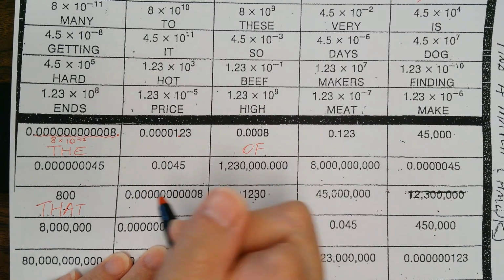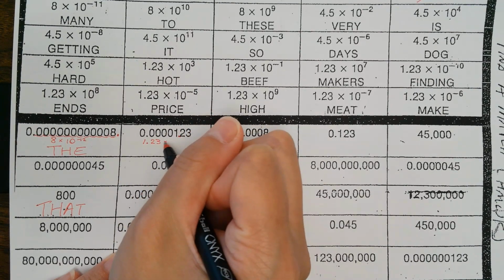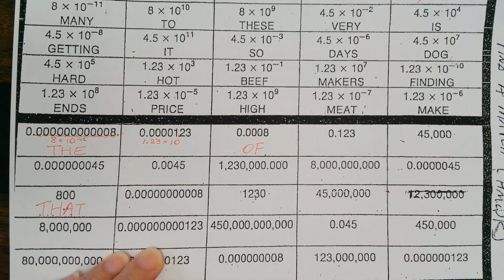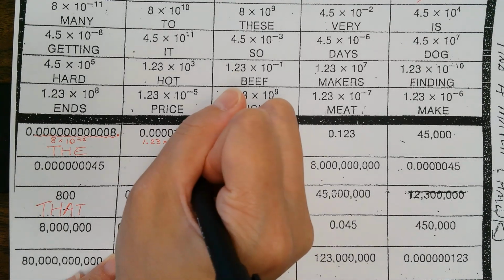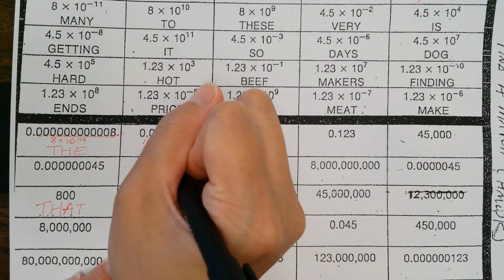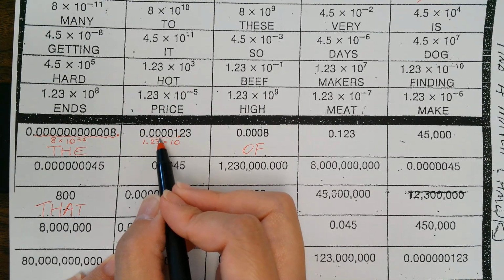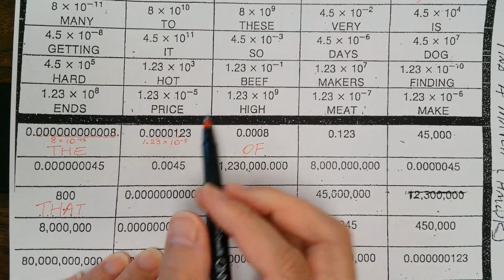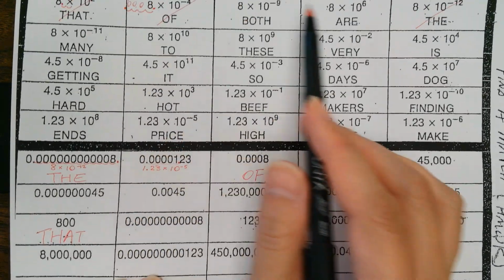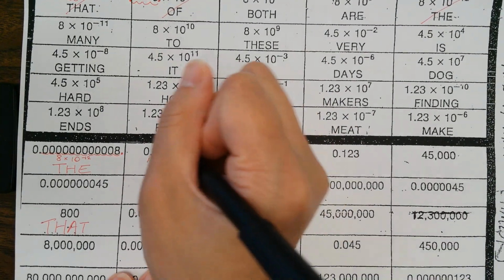Because when we rewrite this as a scientific notation, this is 1.23 times 10 to the power of something. So when I move this, what's my exponent? Negative 5. Good job. So 1.23 times 10 to the negative 5. What word is that? Price.